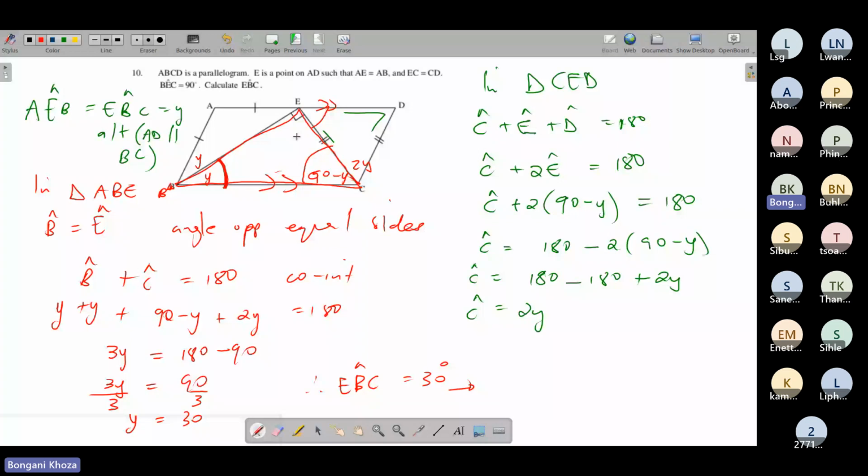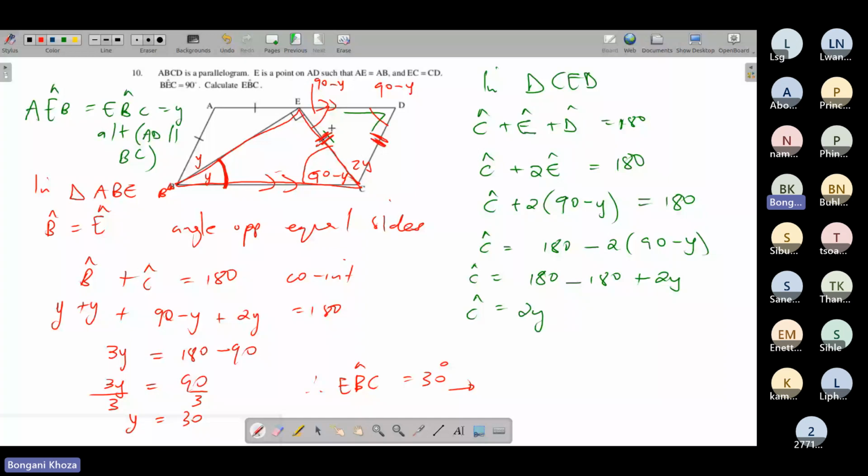After that, since this side is equal to that side, this angle over here is also 90 minus Y, because those are angles opposite equal sides.